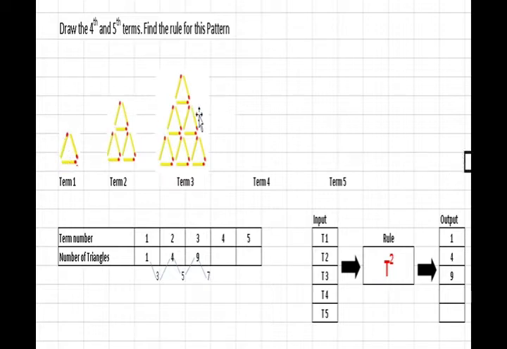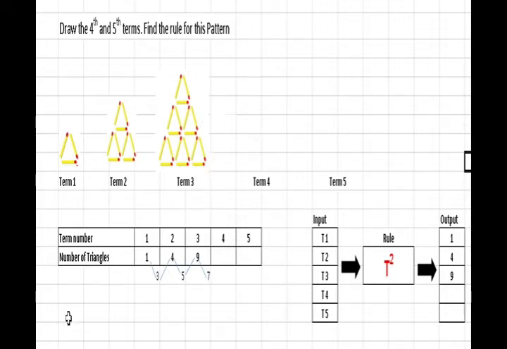It's increasing in size as we move from term to term. The number of matchsticks used in each term is also increasing. And by adding more matchsticks each time, we are also increasing the number of triangles that are formed in each term.